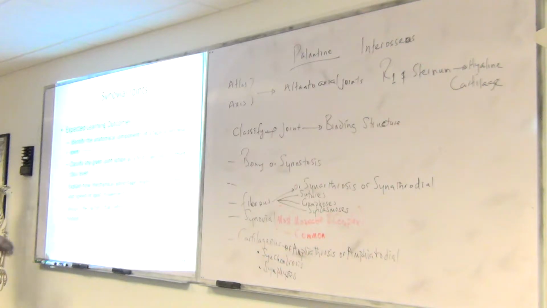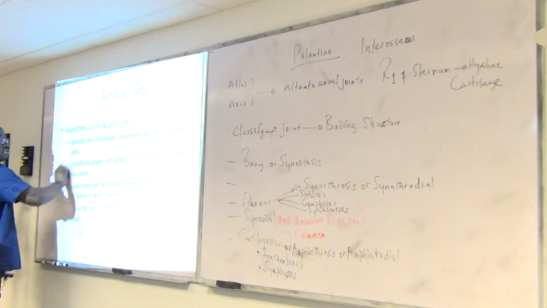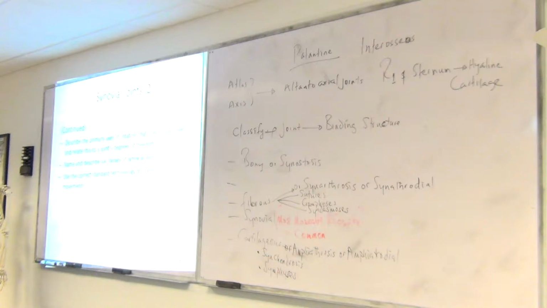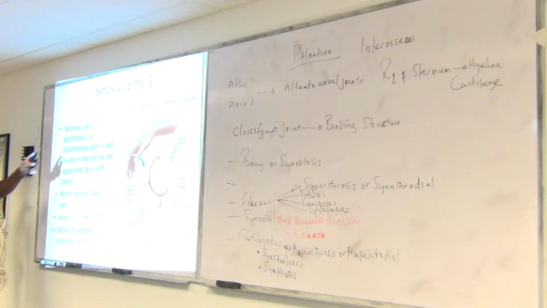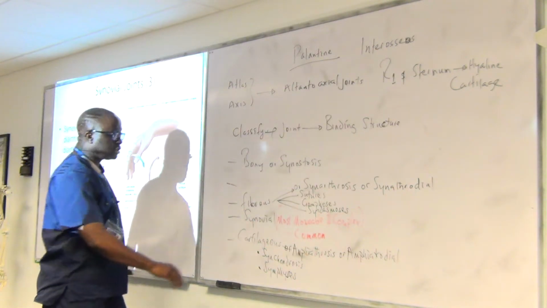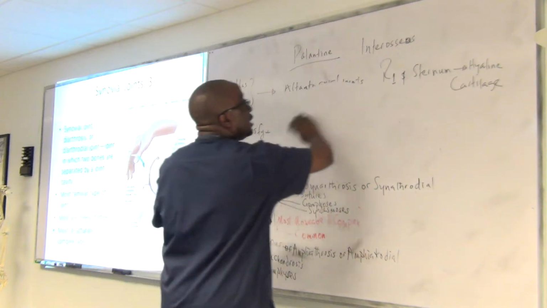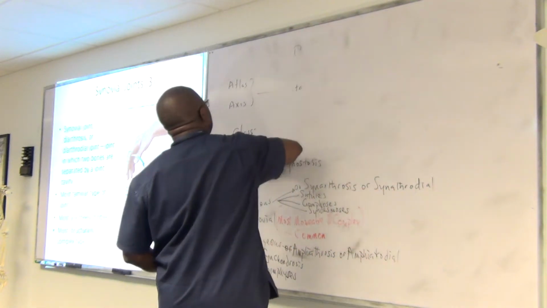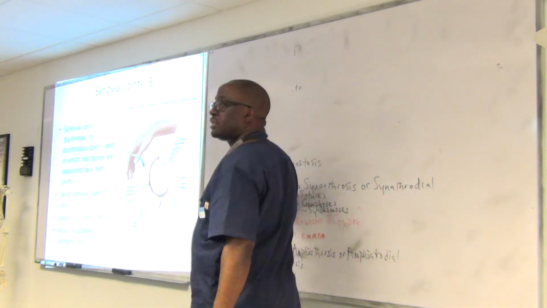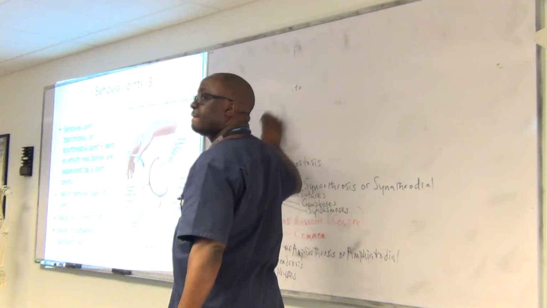Okay, synovial joints. This is the one that is a little bit complex. The other name is what? Diarthrosis. Is anybody in the occupational therapy program or physical therapy here?